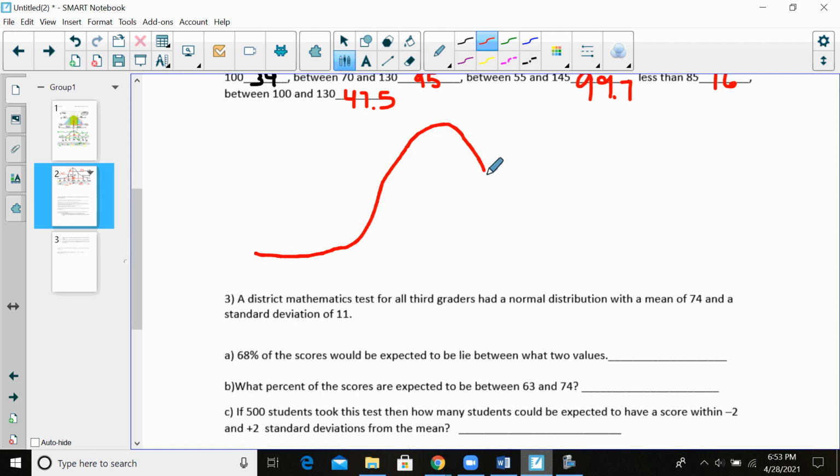If it's a standardized test, it's likely normally distributed. When it's not a standardized test, and there aren't large numbers of students taking it, classroom tests are virtually never normally distributed. So get this set up, right? The 74 goes in the middle.